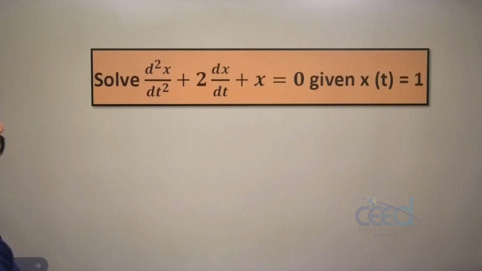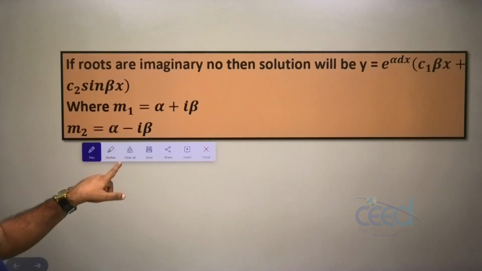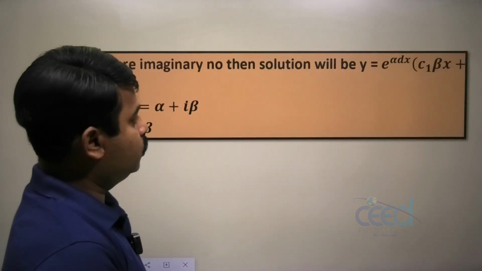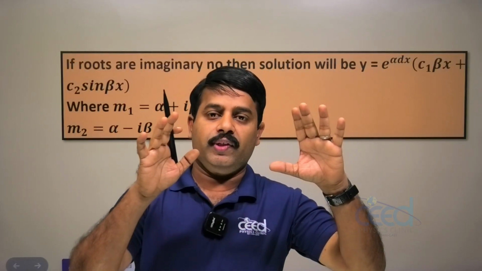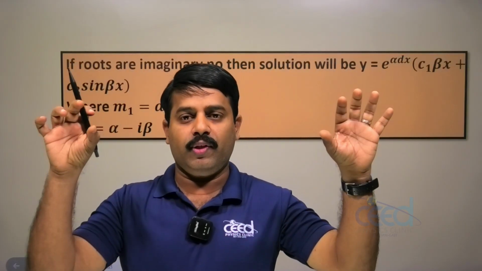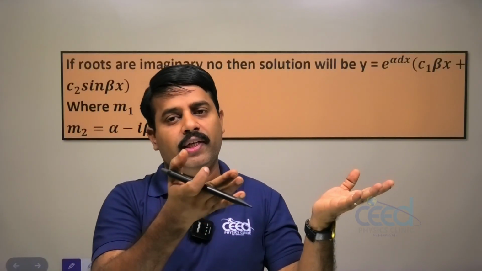Now let us go to another section, C. Now we see in one method, if we find the auxiliary equation, there are two possibilities we have seen: different m1, m2, m3 values, or sometimes equal m1, m2 values.